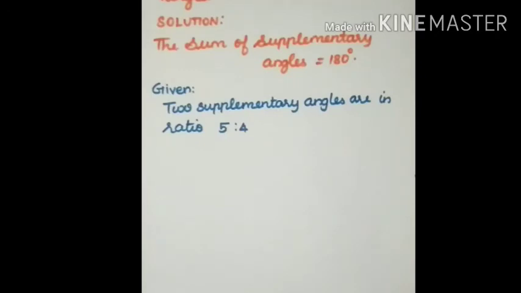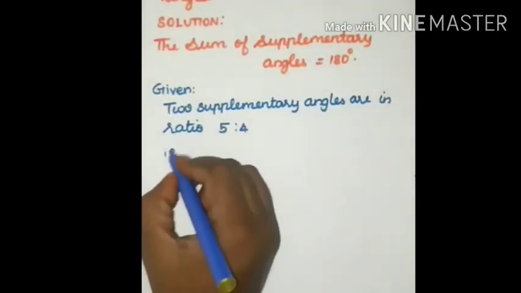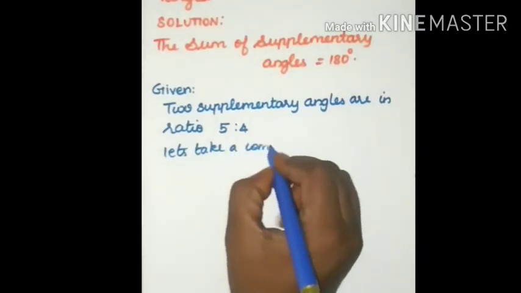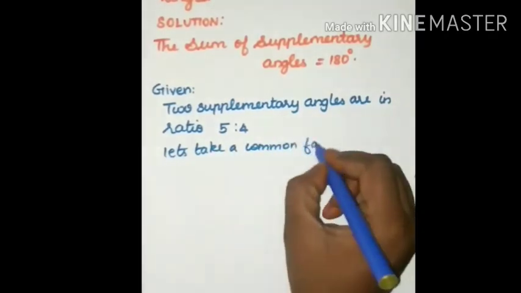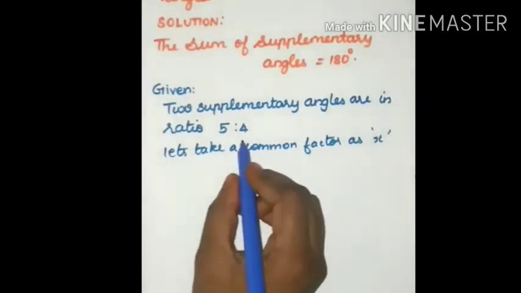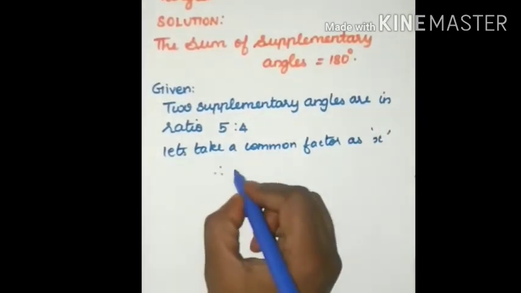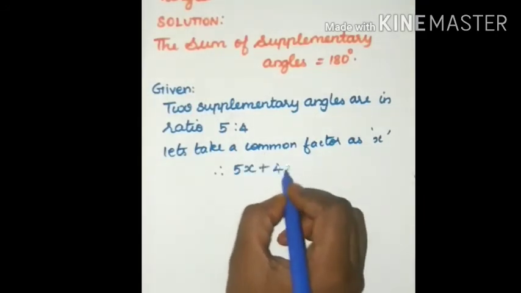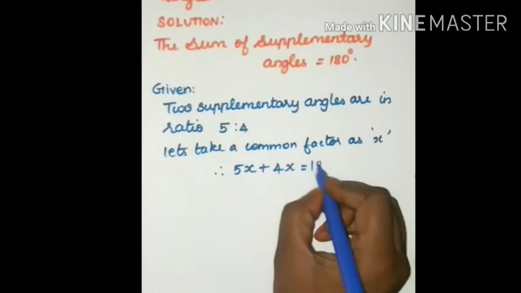So let's take a common factor as x. So 5 is to 4 as 5x plus 4x equal to 180 degree.